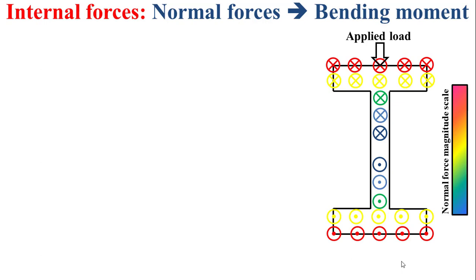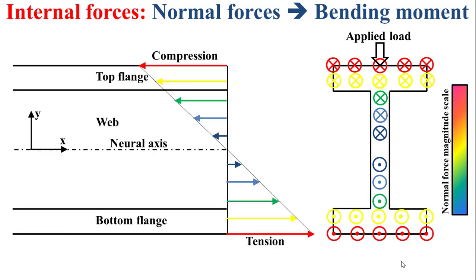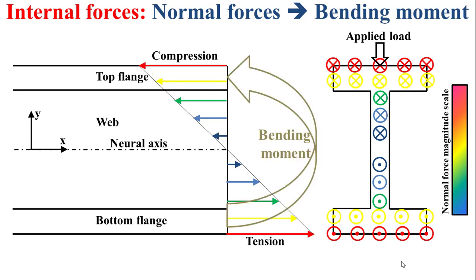If we examine the beam view, compression and tension are modeled as it is depicted by the arrows, and you can notice the amplification of the compression and the tension as we approach the flange. Of course, here the tension and the compression have the same magnitude, but they have an opposite sign. This will induce naturally a bending moment, as it is depicted in this beam view.